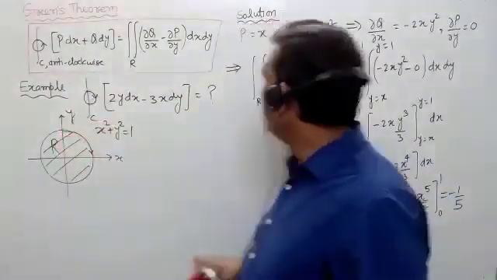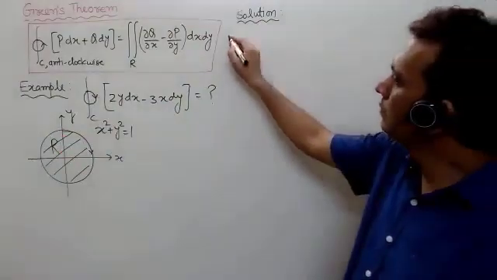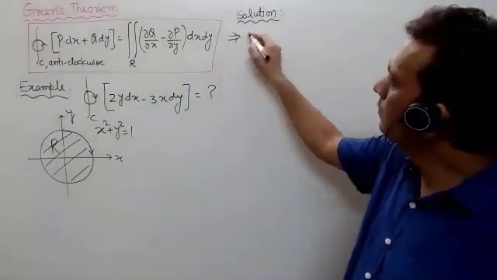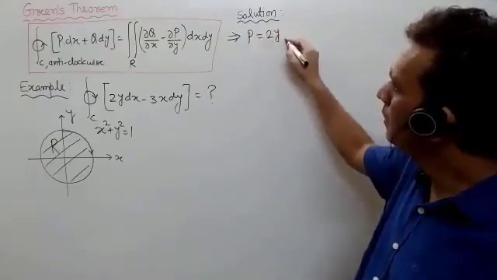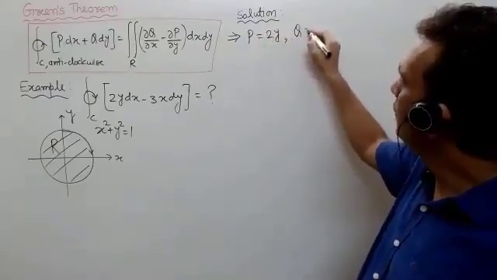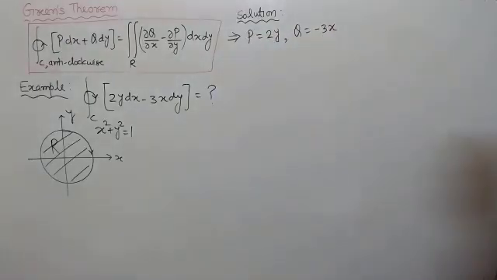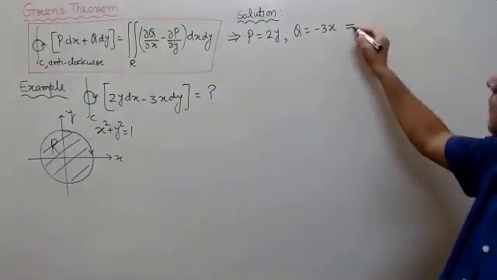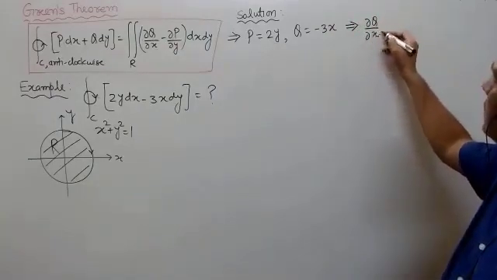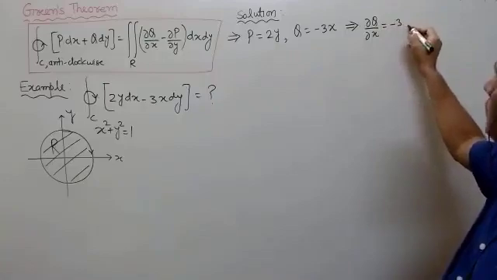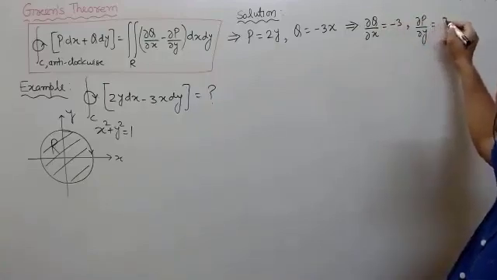Let us calculate this integral. This is now clockwise. So P is 2y and Q is minus 3x. So del Q by del x is minus of 3 and del P by del y is 2.